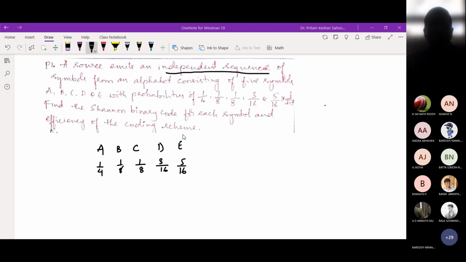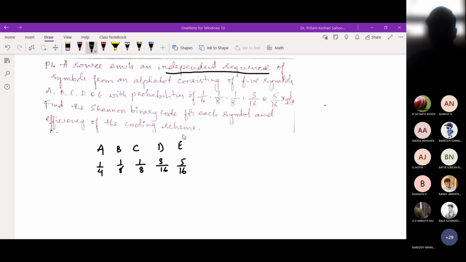So I will try to find out the coding representation of each given alphabet A, B, C, D, and E. When we apply Shannon's encoding, how will alphabet A be encoded, how will B be encoded, and C, and what will be the length of the binary code for alphabet A, and for alphabet B, and so on.